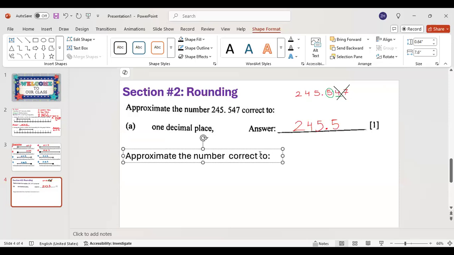Let me switch it up. So let's say 345.527 correct to 1 decimal place.